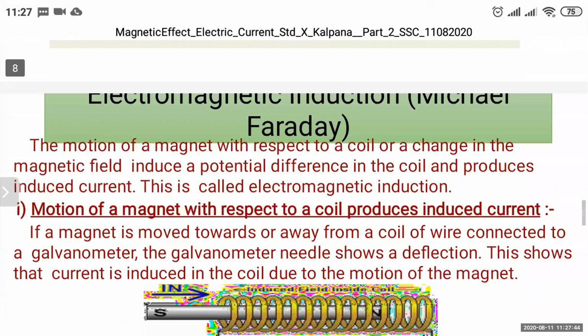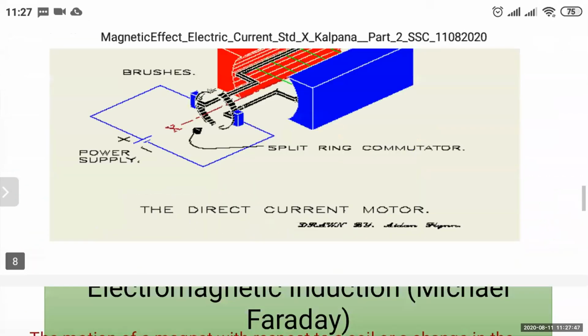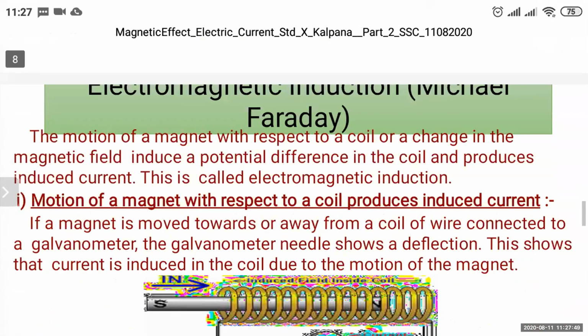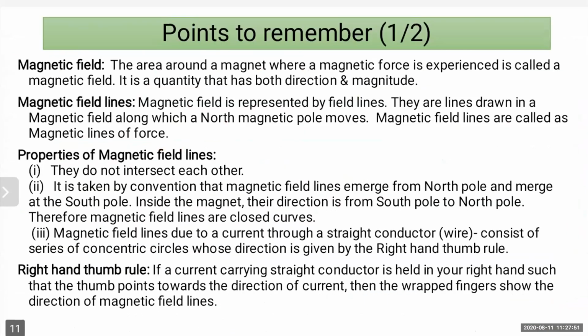So what we have concluded are the different points in this lecture and in previous lectures. Points to be remembered: first, the magnetic field. A magnet creates the magnetic field.